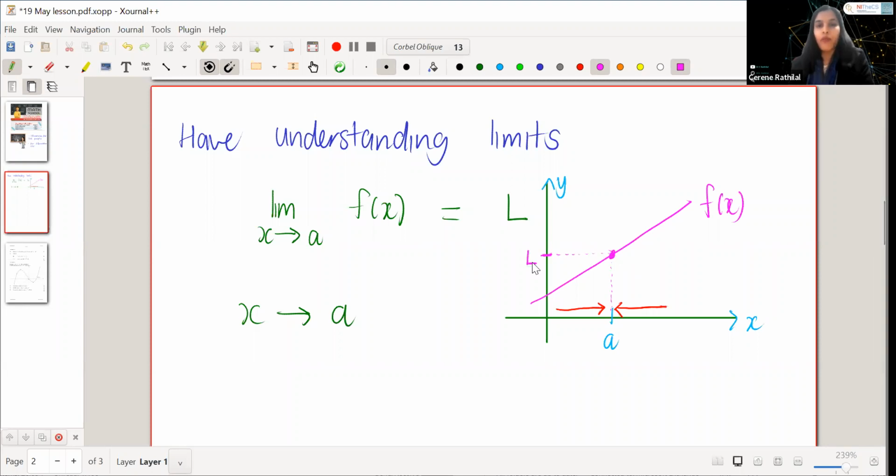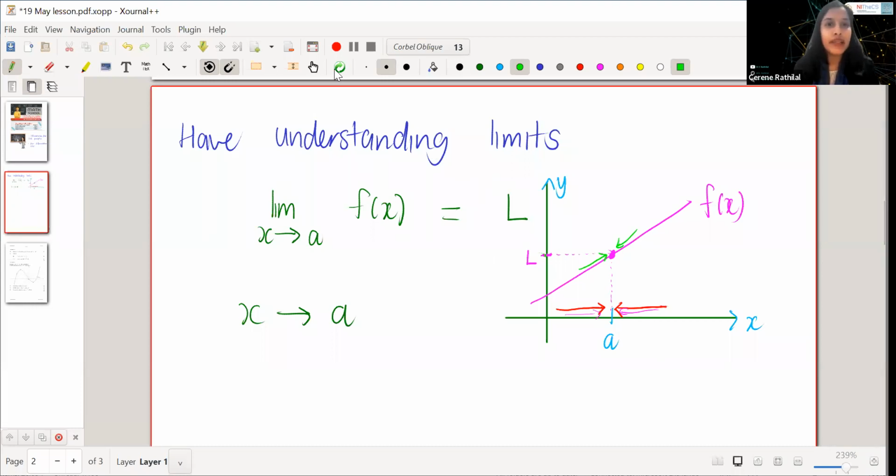L is a number on the y-axis. This is exactly what's happening. What's written down here algebraically, the limit as x approaches a of f of x equals L, is depicted in this diagram. As x goes towards a in this fashion, we see that f of x is approaching the value of L. Graphically, that is what this sentence captures from this picture.